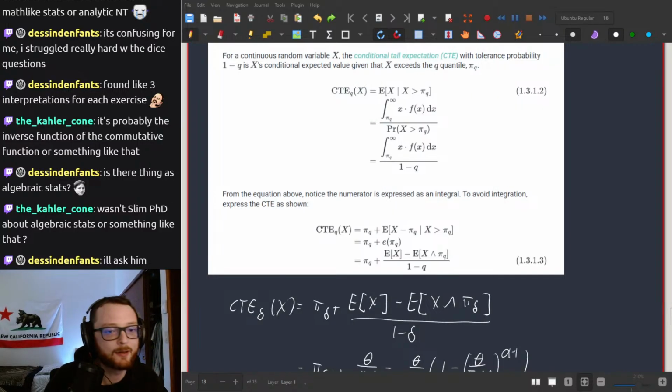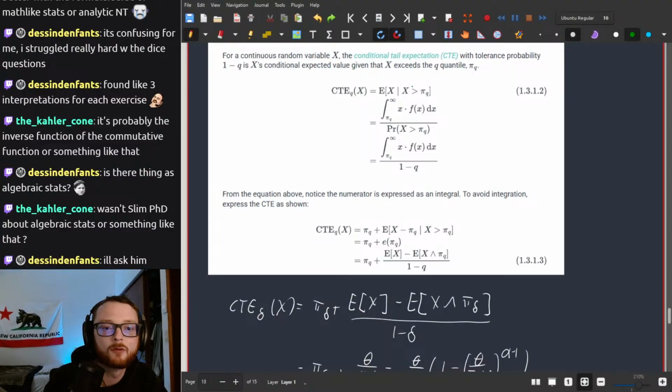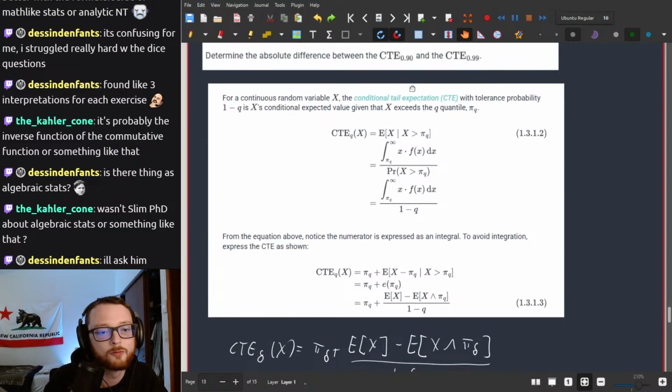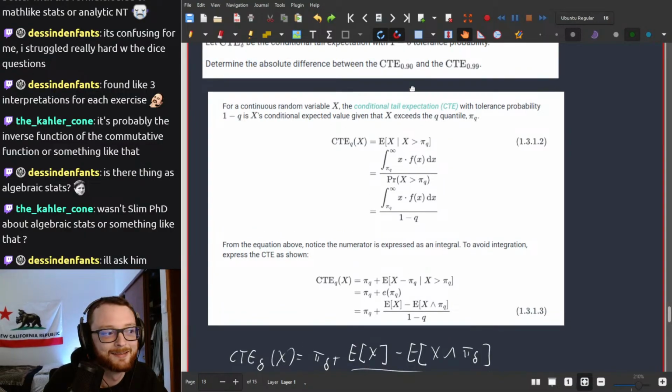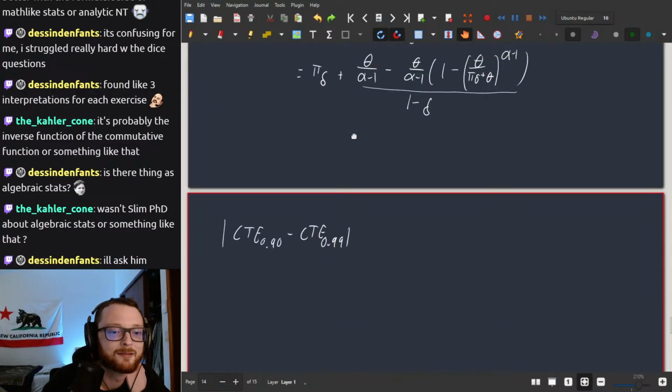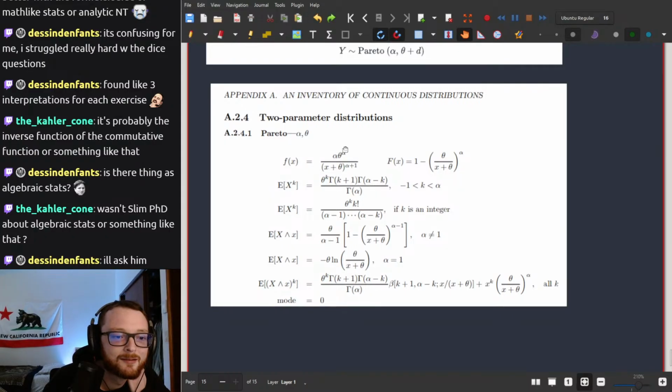It's the cutoff point for x. It's the x value where the 90th percentile occurs. Maybe. Do we know that? Can we evaluate it with the f of x?